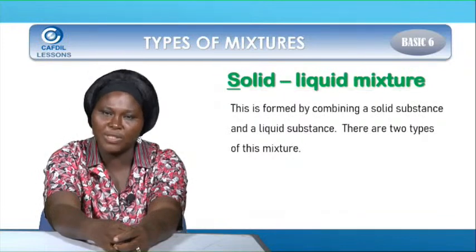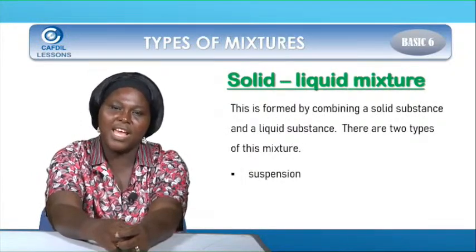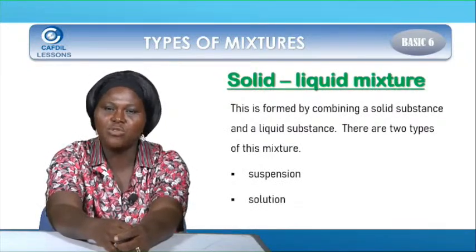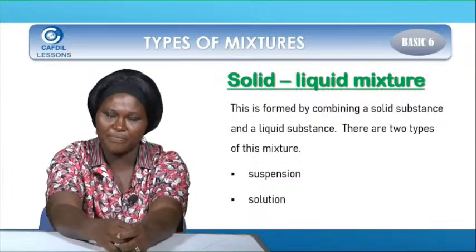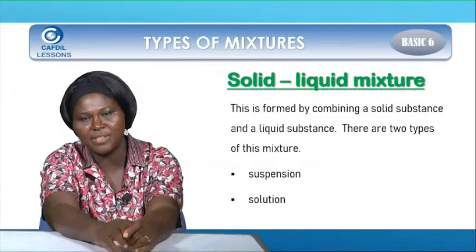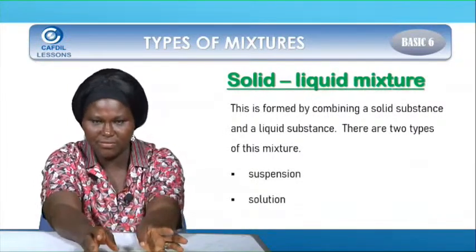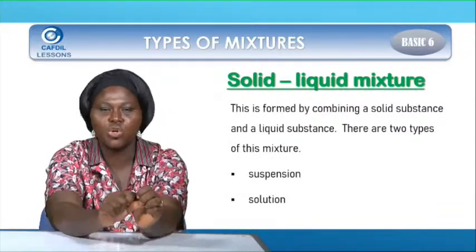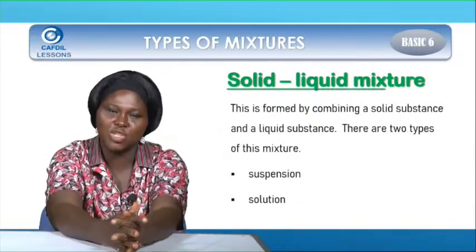There are two types of this mixture. One is suspension, and the other one is solution. So let's look at suspension.